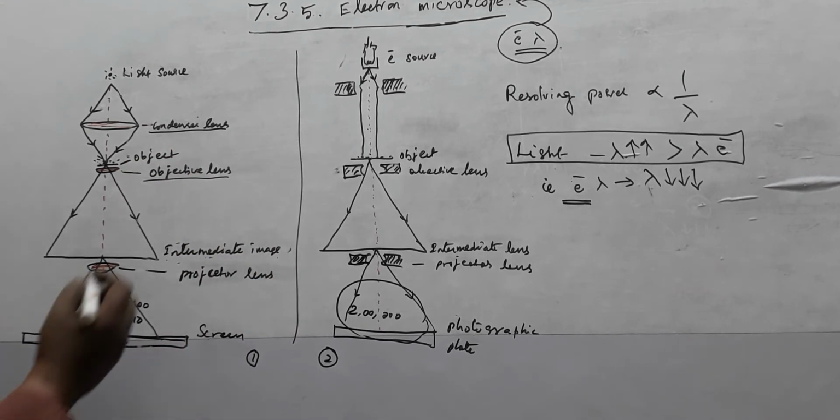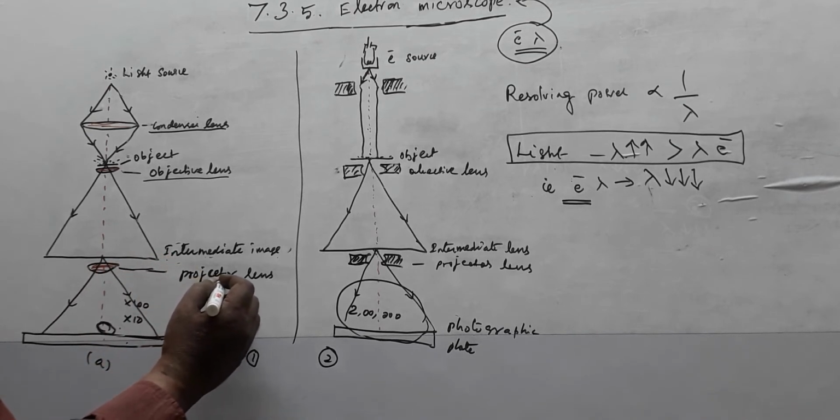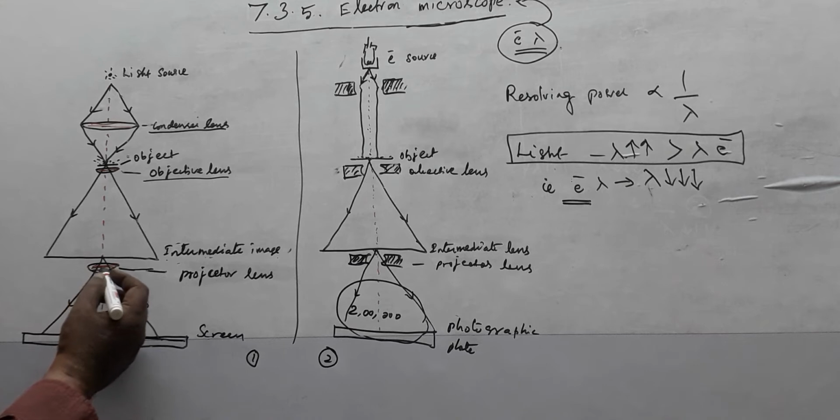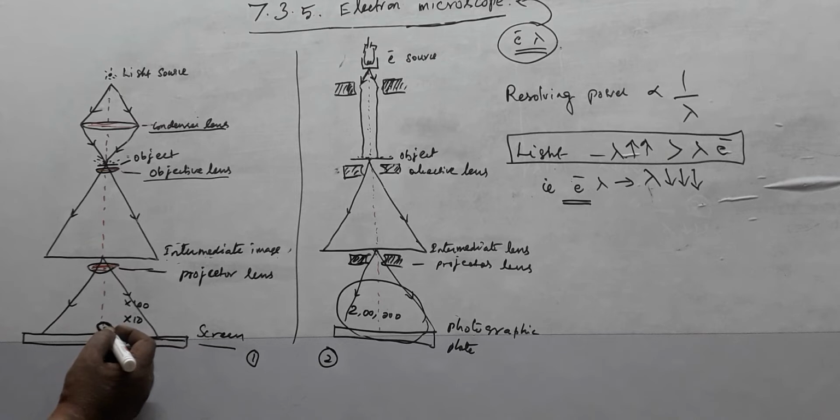It is not possible to visualize it directly, so we use a projector lens. The ray then hits the surface of the screen, and we are able to visualize the magnified object. That is called an optical microscope.